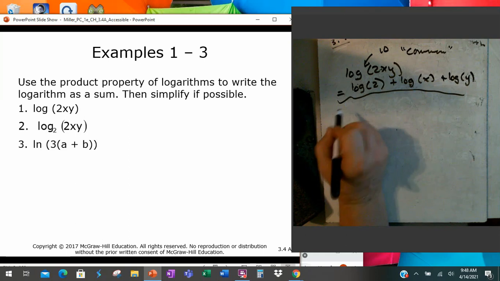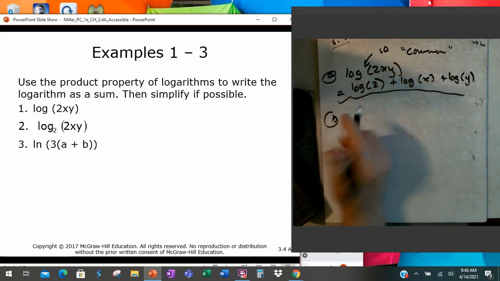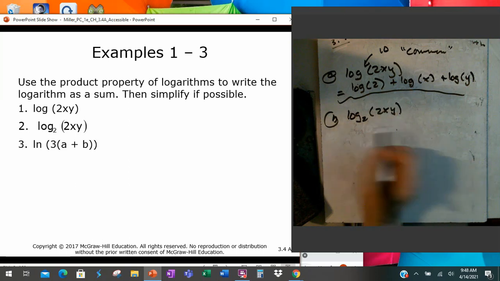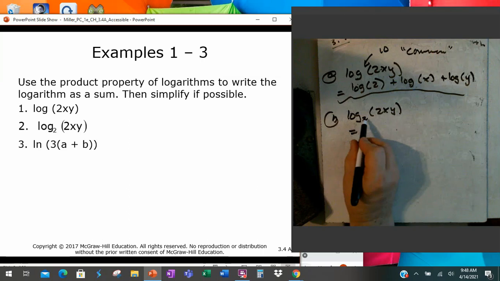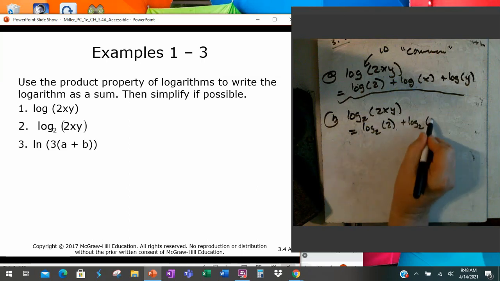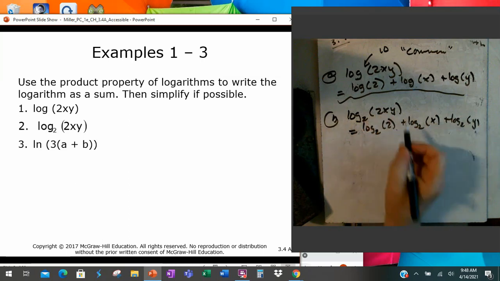Okay, I want to contrast this. This is what I was kind of doing a little while ago. Log base 2 of 2xy. Multiplication goes to addition: log base 2 of 2 plus log base 2 of x plus log base 2 of y. But here's the simplification part.